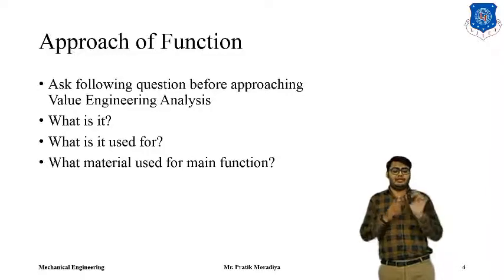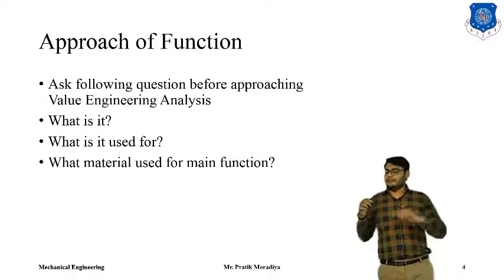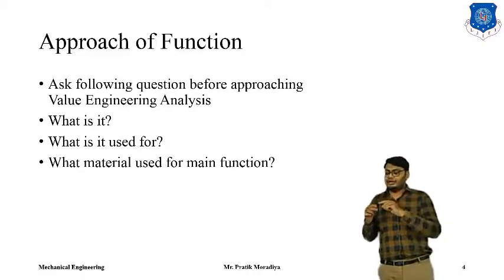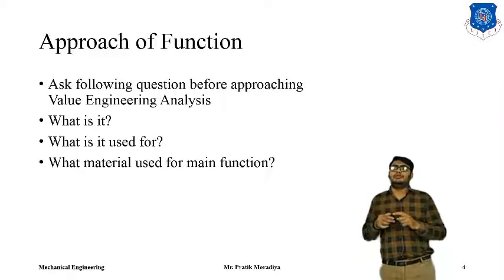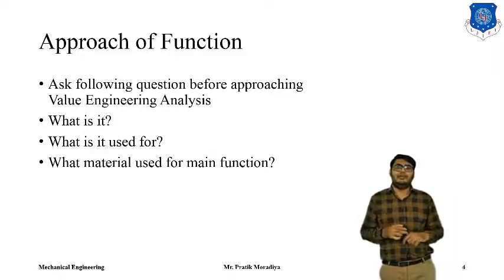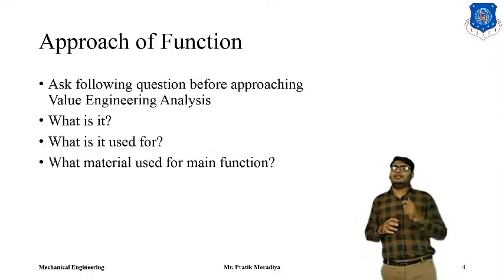For the main function there are buttons here, but this main function is performed by this light that you also see in your remote controls, which emits ultraviolet radiation or infrared radiation. I think this one is infrared radiation. So the main material that achieves the function is this light.